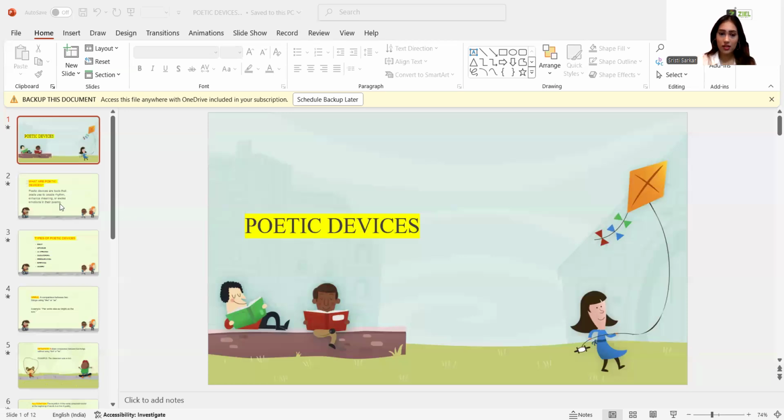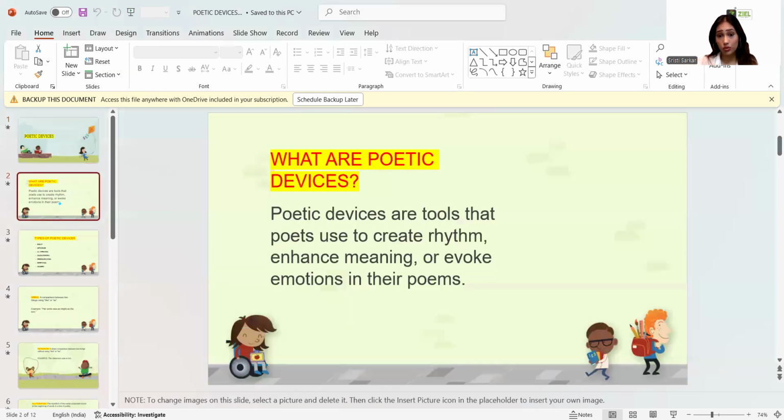What are poetic devices? Poetic devices are tools that poets use to create rhythm, enhance meaning, and evoke emotions in the poems.